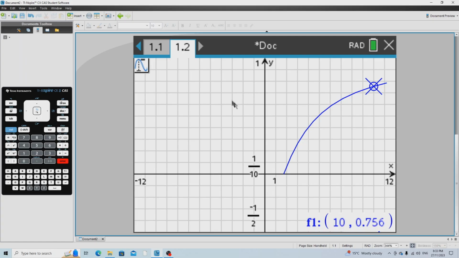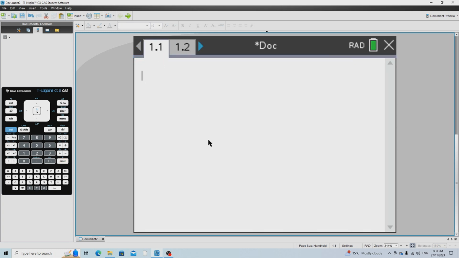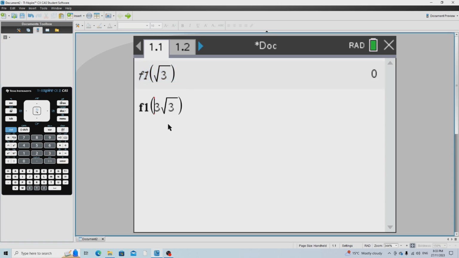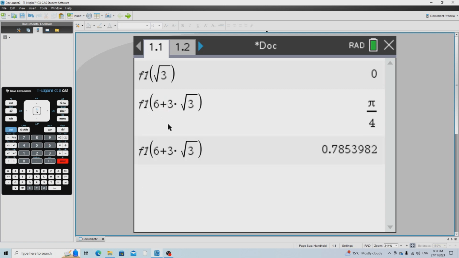So what's the endpoint? One of the endpoints is root 3. Okay, makes sense, 0. What about the other one? It's 6 plus 3 root 3, and the y value is pi over 4, which is approximately 0.785.